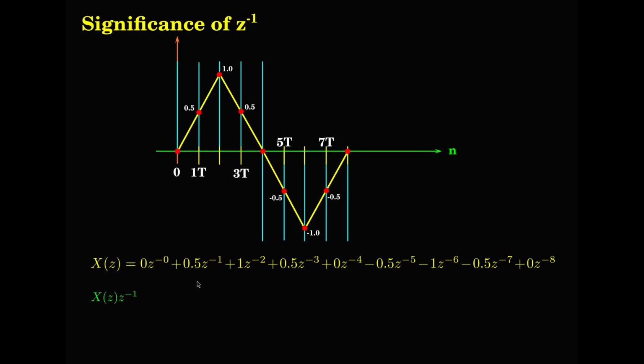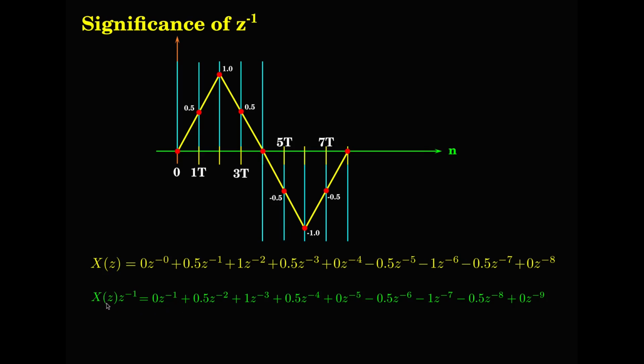So let me write that down. X(z) into Z to the power of minus 1 will be just as I mentioned, up to 0 into Z to the power of minus 9. So it gets added up.